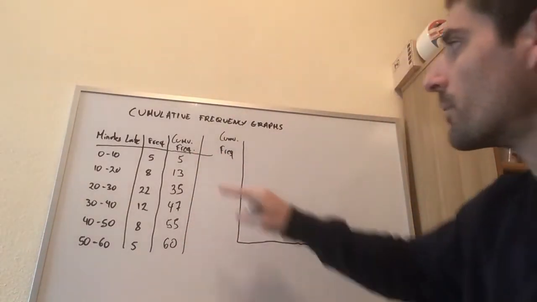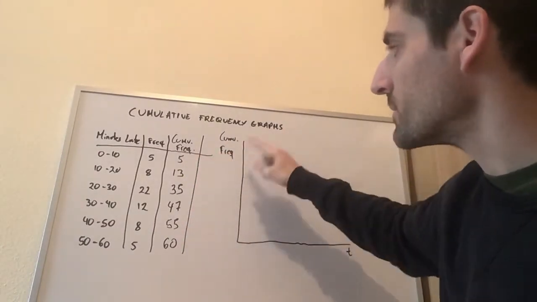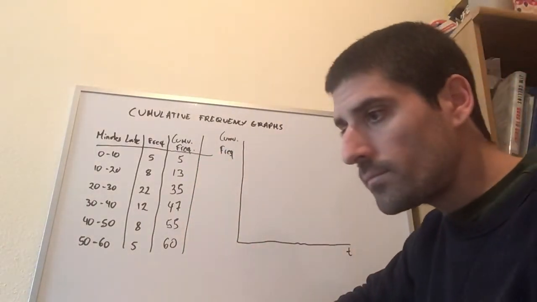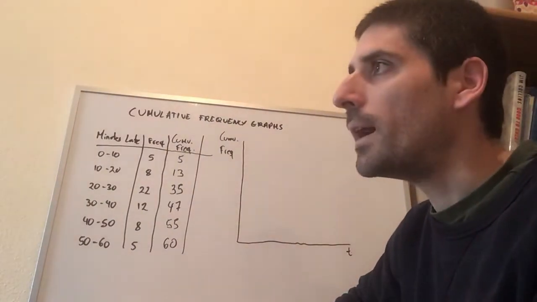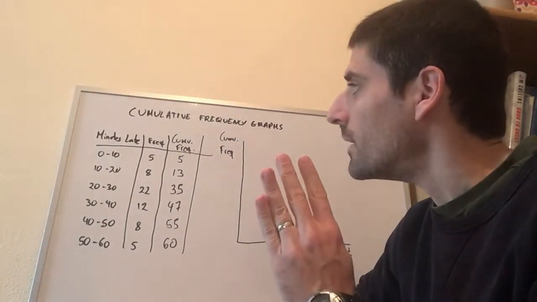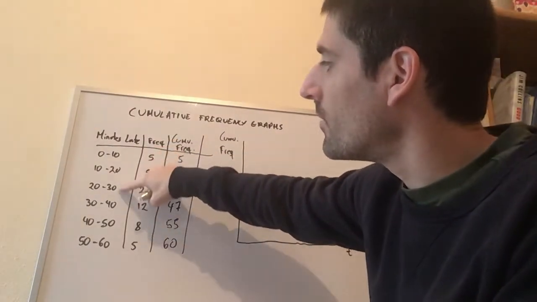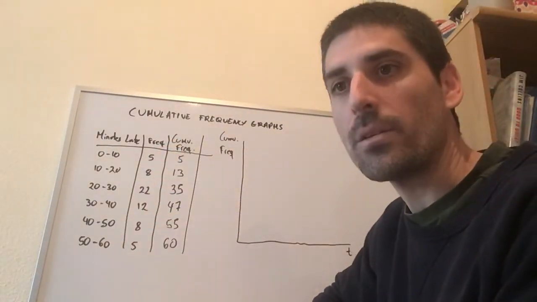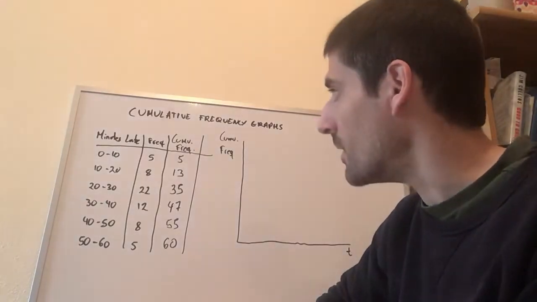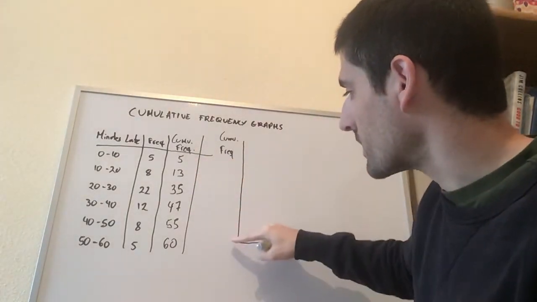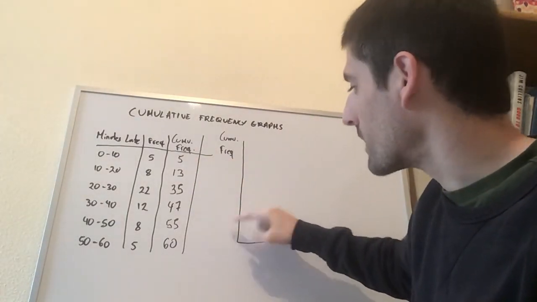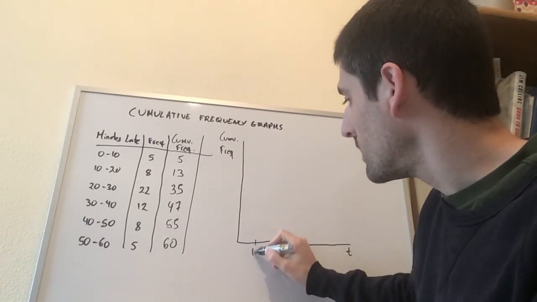Okay. Now we're going to plot these numbers, the cumulative frequency, and here we're always going to use the highest value of each category to plot the points. So I've got 5 people, so I'm going to go up 5, but I'm going to put it on the 10.